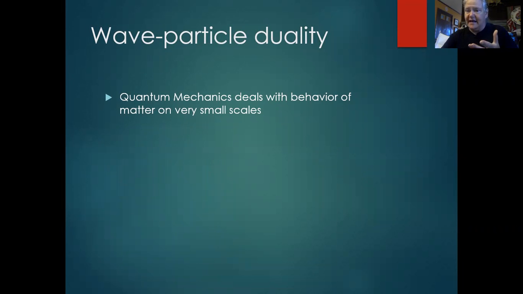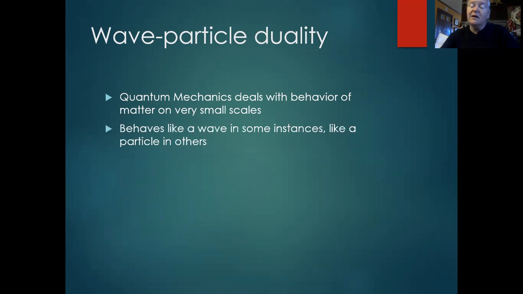So atomic size things, elemental size things, nuclear size things, very small scales. So sometimes particles act like waves. So there's times where electrons will act like they have a wave function, and there's times where light acts like a particle, as in the photoelectric effect.